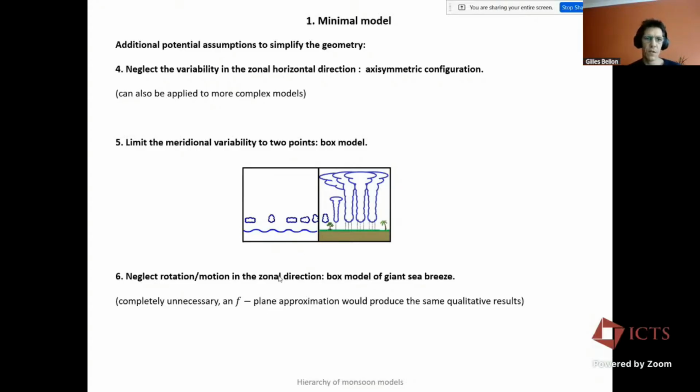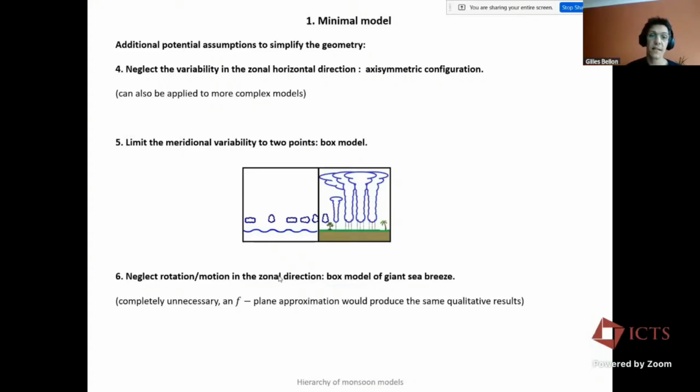If you just take an f-plane approximation, you would get the same results, except that if you take just a damping term, a simple Rayleigh damping term in the momentum equation, that damping term would be modified by a function of f, but otherwise it would be exactly the same type of results that you would get. So in a way, this last simplification is unnecessary, but it was done in the models that were used in the literature.